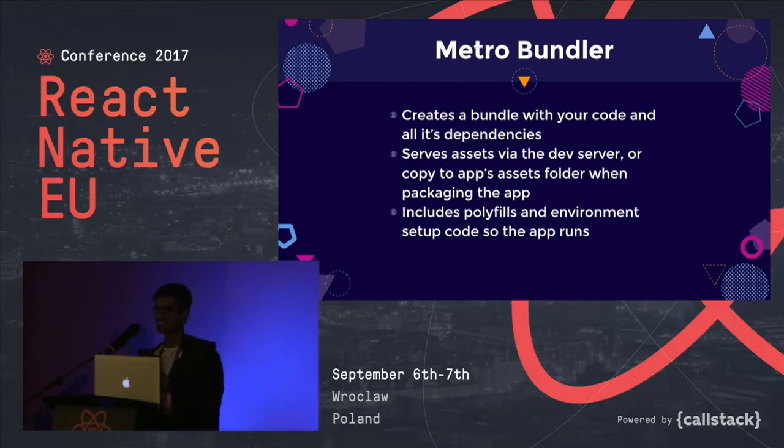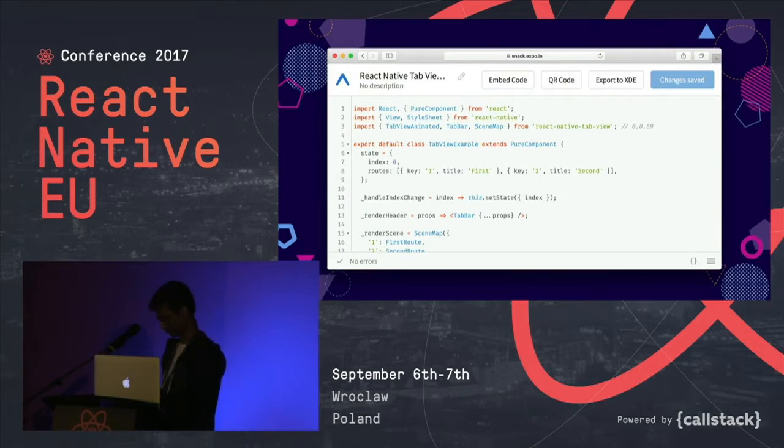Assets are served differently depending on how you are using them. For example, if you are developing, the assets are served from the dev server. But if it is a production app, which you are publishing to Play Store or App Store, all these assets are bundled into the package.